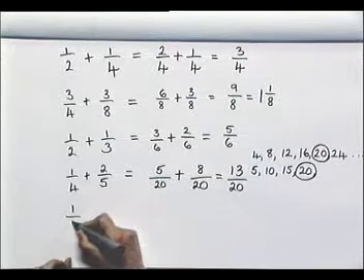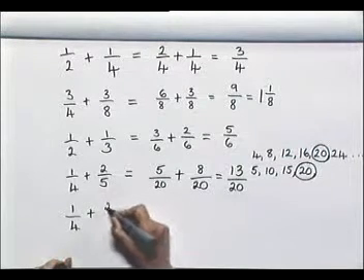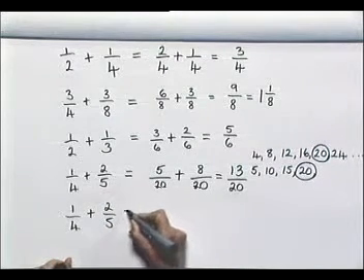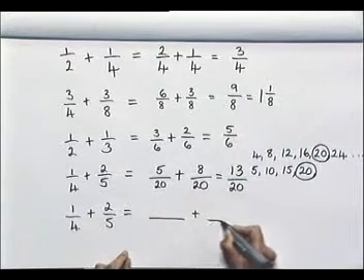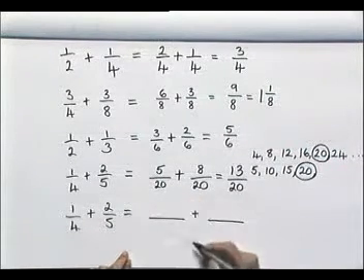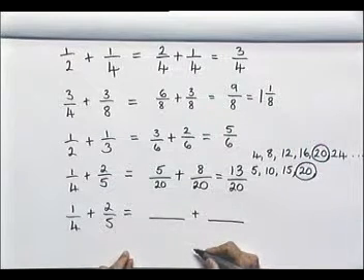Let's have a look at this now numerically. We've done it by thinking about it and by perhaps visualising it in our heads. Let's have a look numerically at what's actually happening. There's our quarter plus 2/5. How did we arrive at this 20?